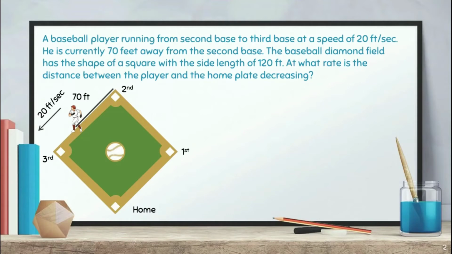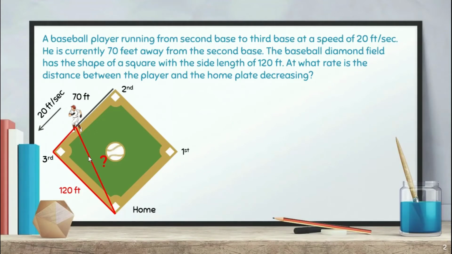Now, the baseball diamond field has the shape of a square, meaning that all of the sides of the field has the same length, which is 120 feet. And we are asked what rate is the distance between the player and the home plate decreasing. So we can notice that we have here our right triangle at this part.